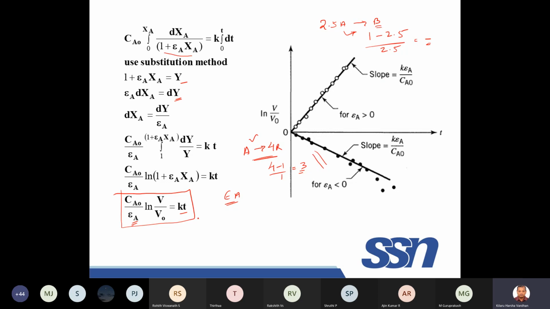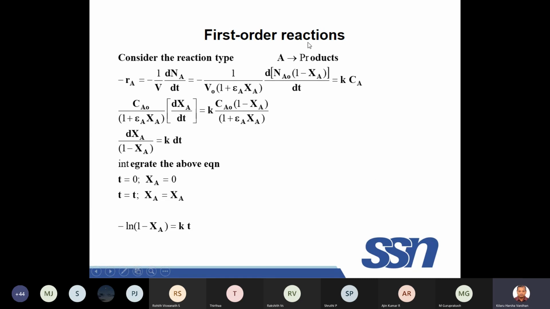Okay. This is for zero order reactions. Like this, you have to do for first order reactions. Again, for first order reactions, minus rA is k CA, where instead of V we put NA naught by V naught, which is CA naught. Earlier you were getting only CA naught. So you get this 1 by epsilon A XA term in the picture.